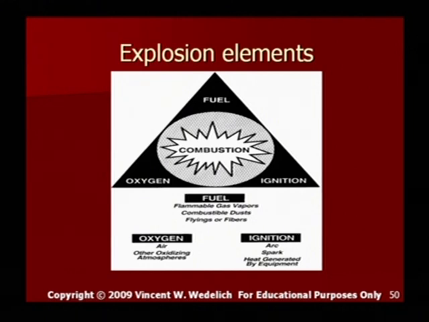Removing the ignition source would be an IS barrier, an intrinsically safe barrier. To remove the oxygen and fuel source would be maybe encapsulation, where they actually encapsulate a transformer. Oil-filled transformers would be an example of that.